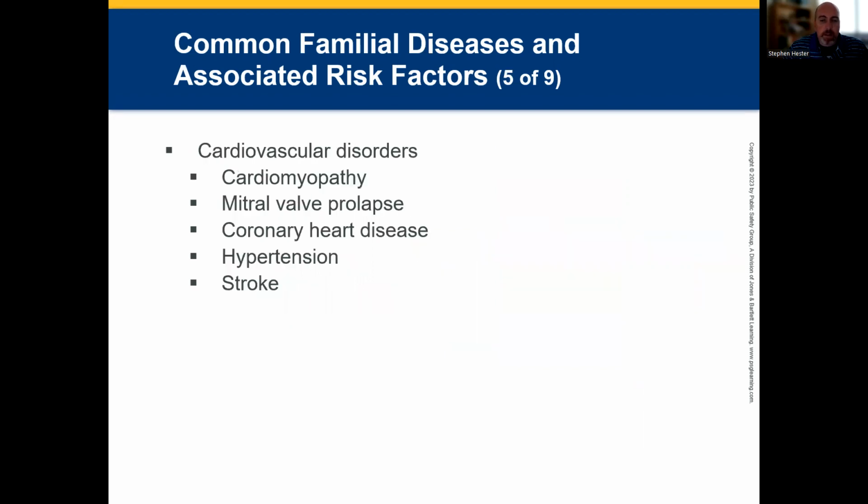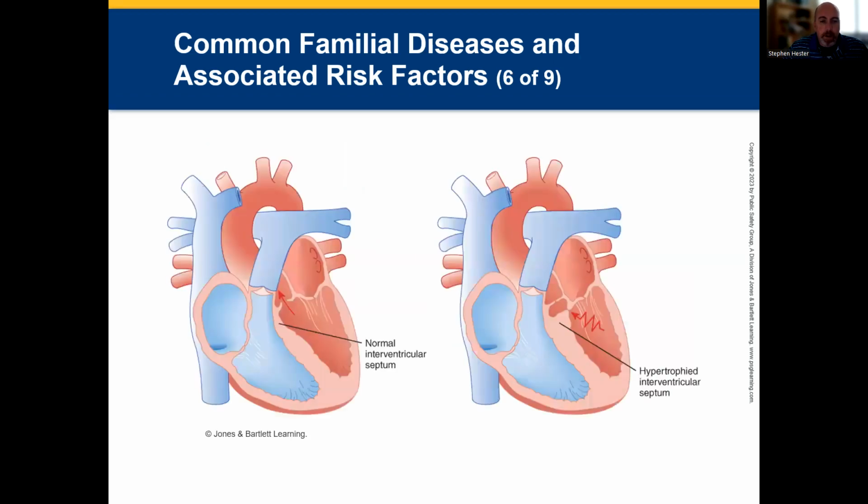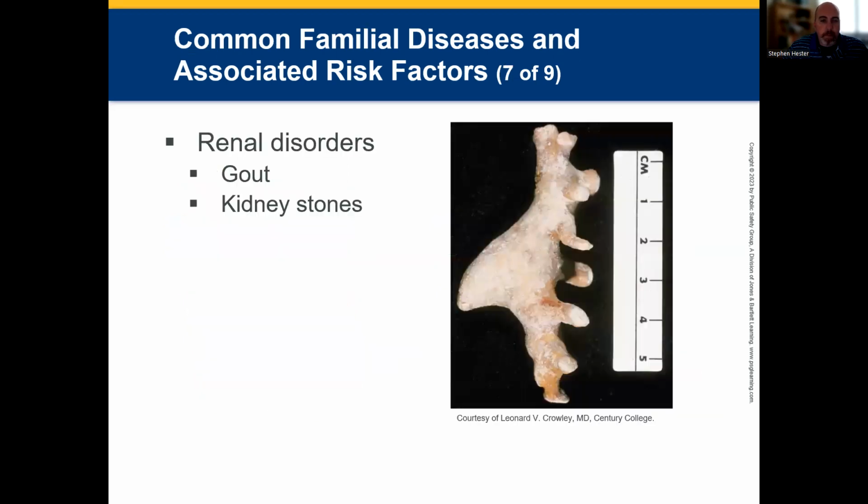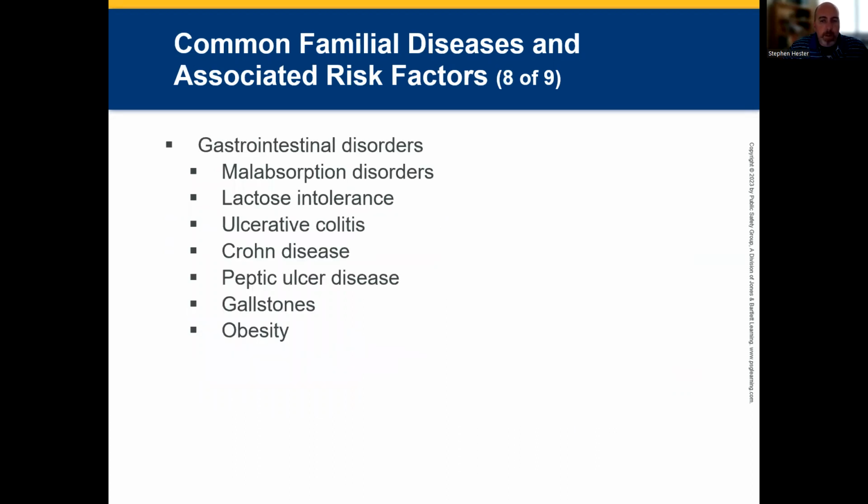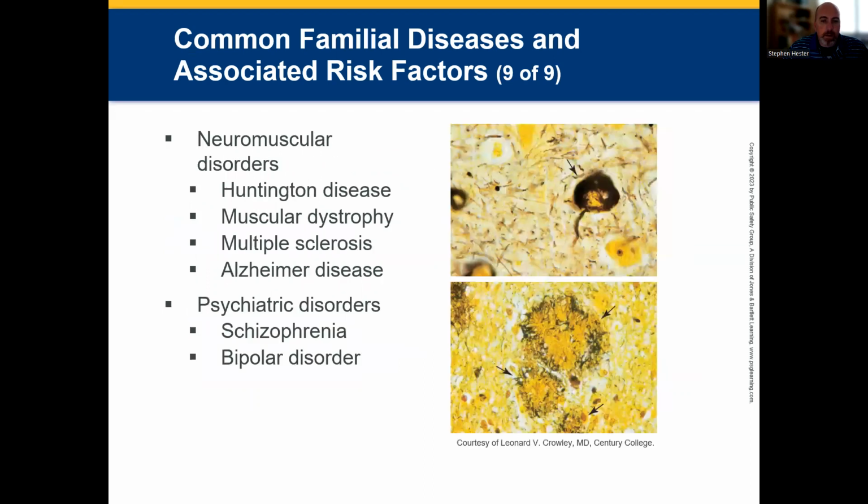Some cardiovascular disorders we talk about, and where the problems lie within the heart itself. And then some renal disorders such as gout and kidney stones. We'll talk about that later too. Some GI problems, neuromuscular disorders, and psychiatric disorders.